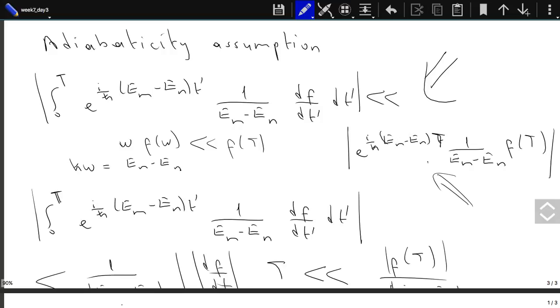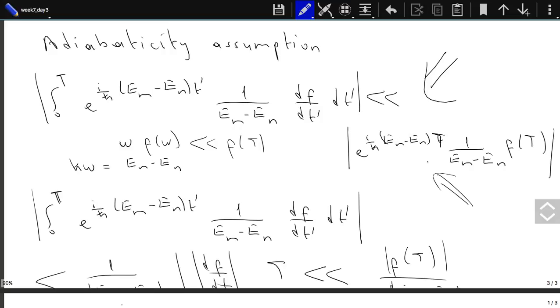Omega is large. There's a gap between omega and 0, omega can have various values, and this condition should be satisfied for all omega. Omega can be very large. But if omega can be very large, that means f of omega should be very small. So the Fourier transform should only have non-zero values for small values of omega. So this is what this condition is about.